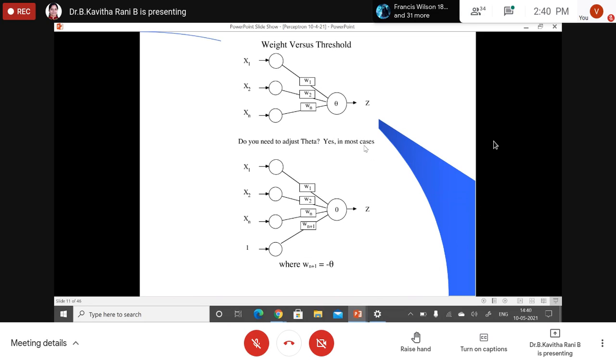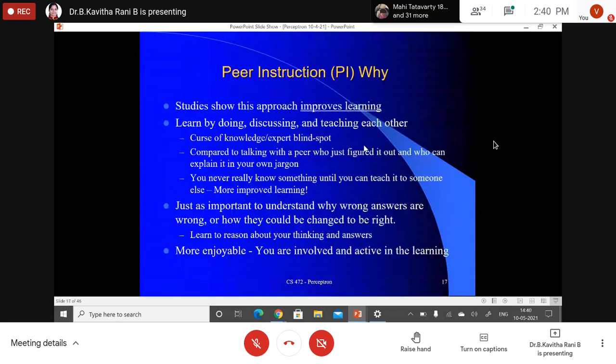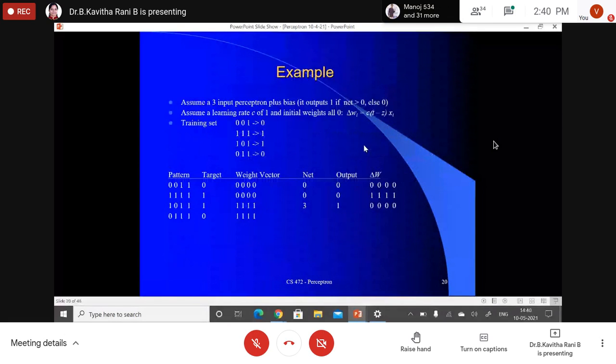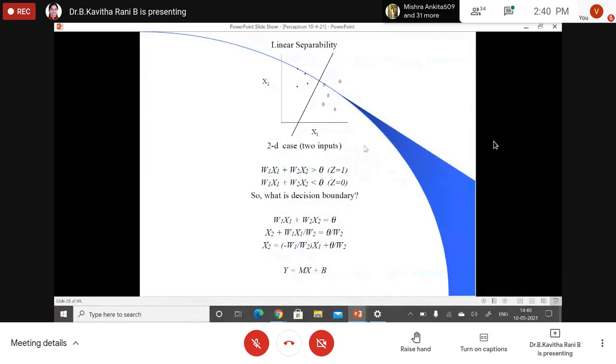So do we need to adjust the theta? Yes, we have to adjust theta, which is nothing but the threshold value. So this is about perceptrons.